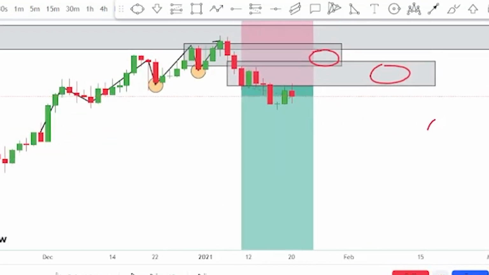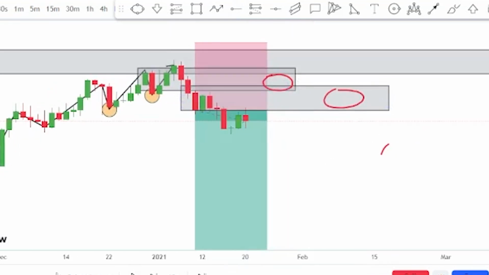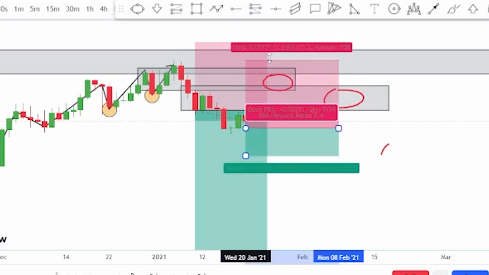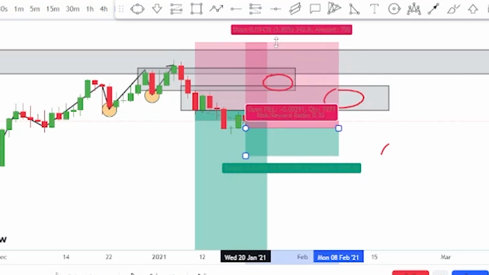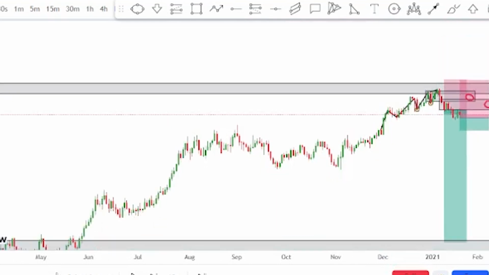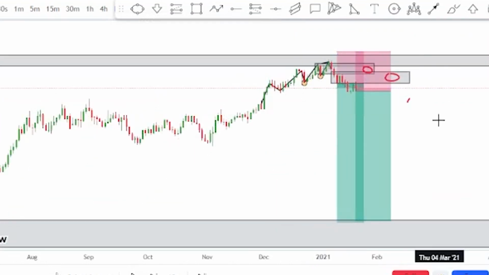So let's also enter from this area. Remember, we are confident that the market will keep moving down because we are rejecting from the stronger zone. So our stop loss is still above the previous stronger area where we are reversing from. Our target will be the same as the previous entry.